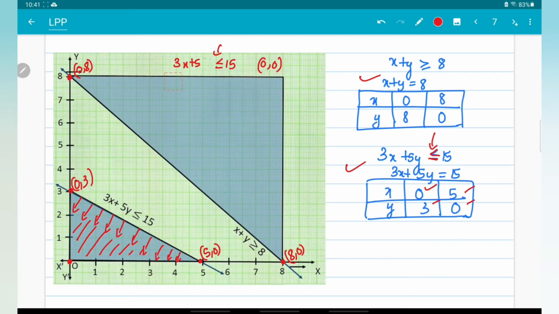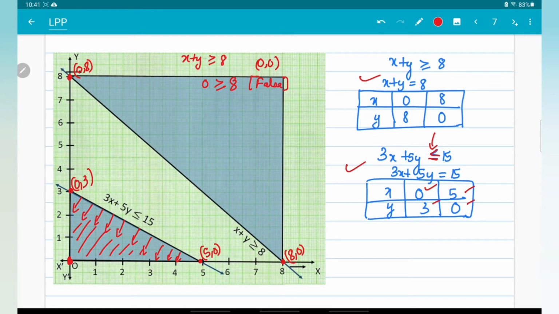Now let us check for the second inequality, that is x plus y greater than or equal to 8, and here also we'll check for this point 0 comma 0 only. So when I substitute x as 0 and y as 0, I get the answer as 0 is greater than or equal to 8. So neither is 0 equal to 8 nor is it greater than 8, which means that this inequality is false.